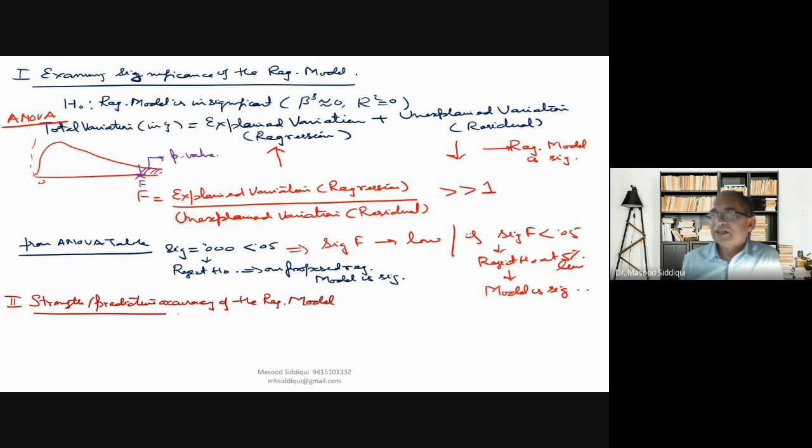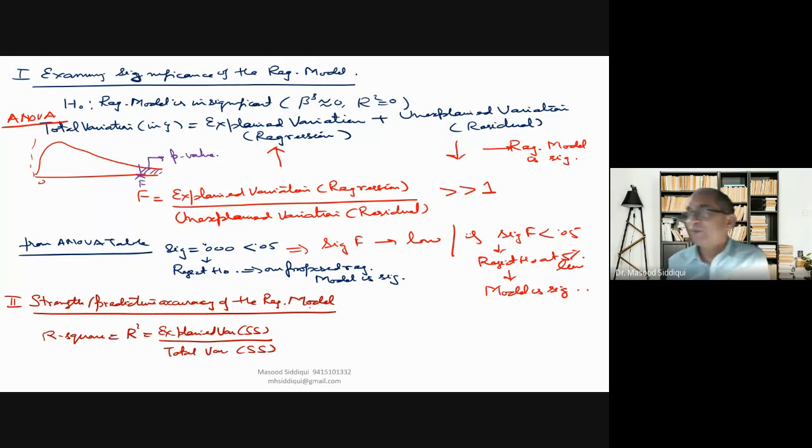Now it is being done by a term that is known as R square. This R square is the ratio of explained variation or sum of square, just the numerator, divided by total variation or sum of square.